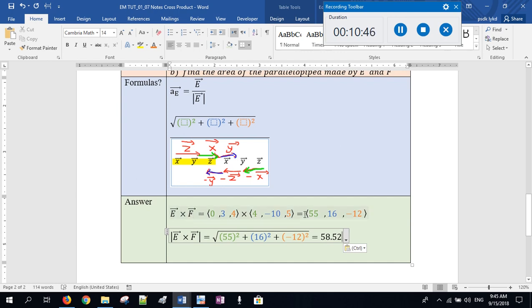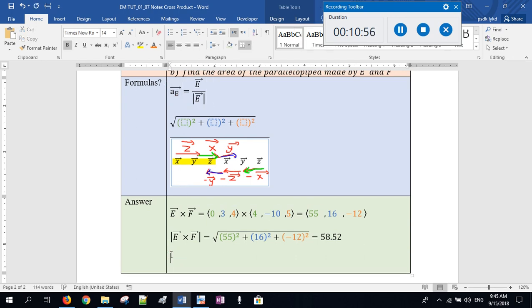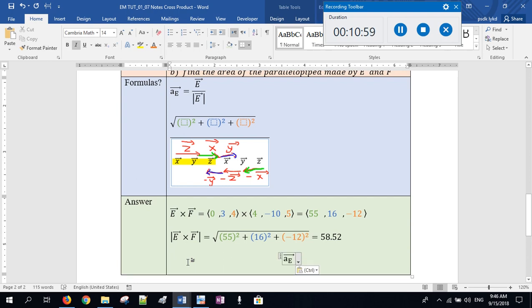So divide this vector by its length. The unit vector of E cross F is this vector divided by its length.